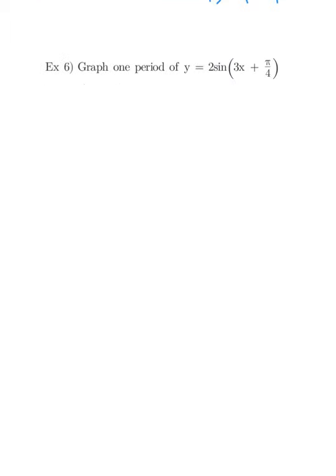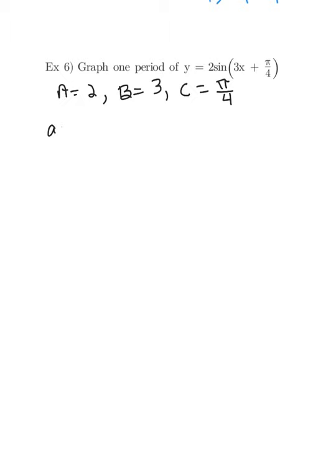The last example that we are going to do with sines and cosines is y equals 2 times the sine of the quantity 3x plus pi over 4. A in this problem is 2, B is 3, C is pi over 4.